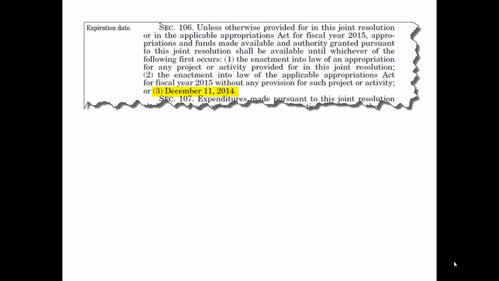specific date. If the date in number 3 is reached and no funding has been provided, Congress would need to amend the date to allow more time. Many CR extensions are simply one-pagers that amend this section.